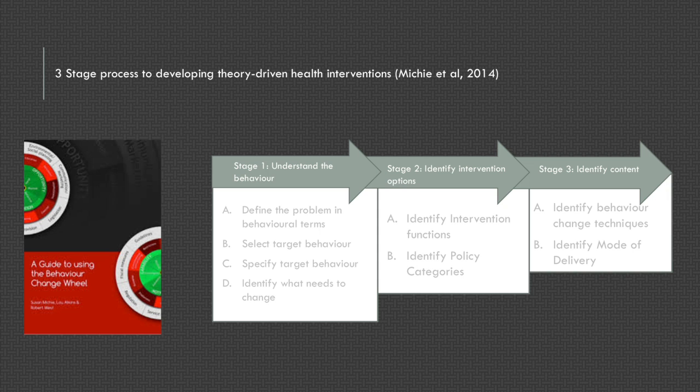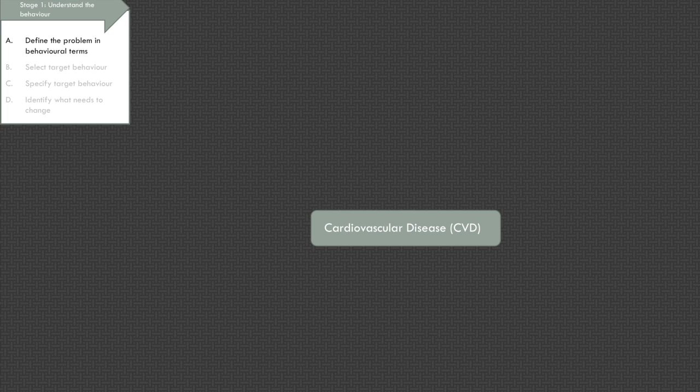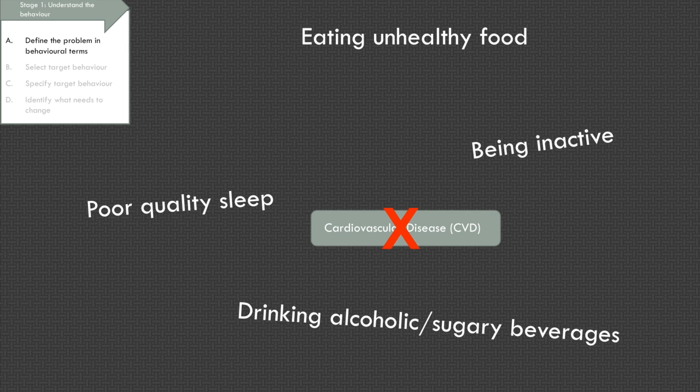This first stage is all about doing the groundwork to try and understand the problem and to find out exactly what needs to be addressed. Now, the first thing we need to do, according to Susan Michie and colleagues, is to define the problem in behavioural terms. Now, what they mean by that is, instead of saying cardiovascular disease is the problem, we would say that eating unhealthy food is the problem, or being sedentary is the problem.